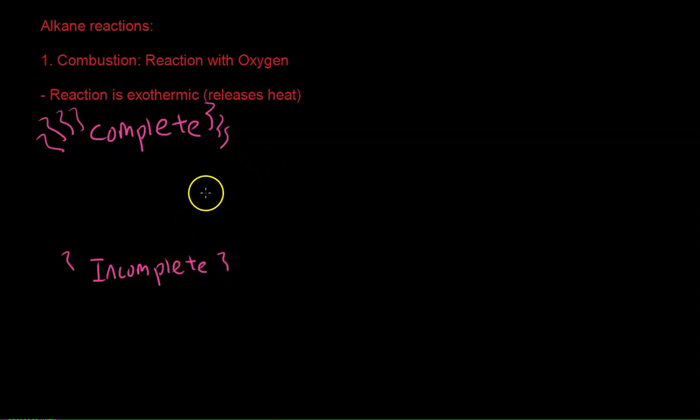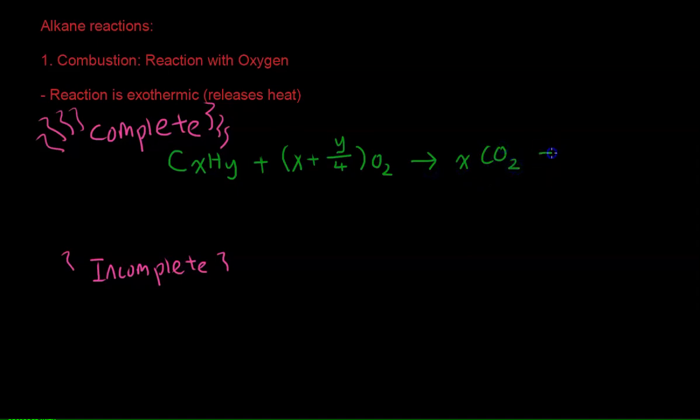So how do we form the reaction for them? Let me give you the formula to remember. CxHy plus (x plus y over 4) O2, giving you x amount of CO2 plus (y over 2) amount of water.